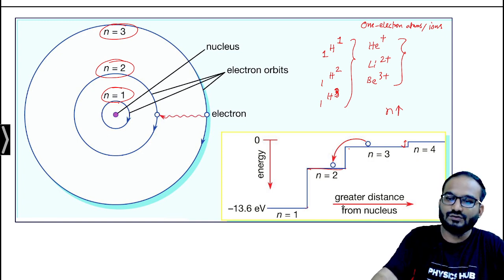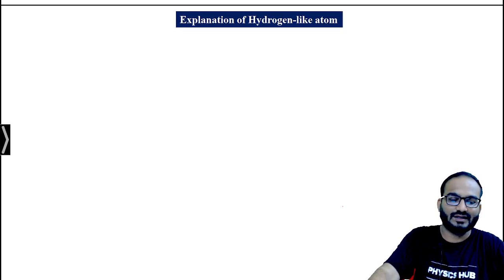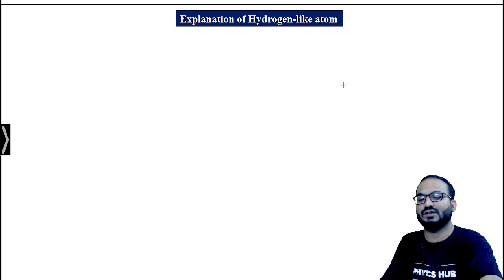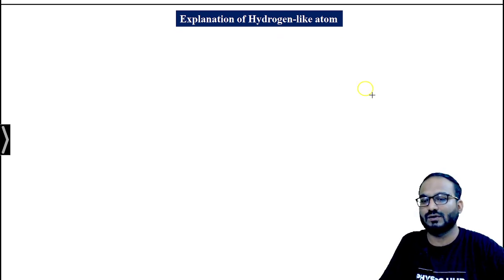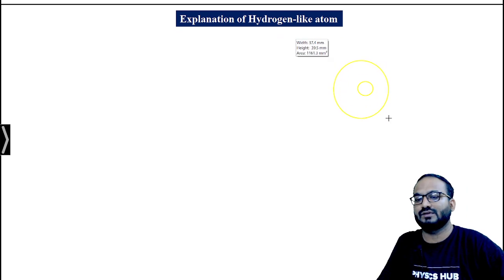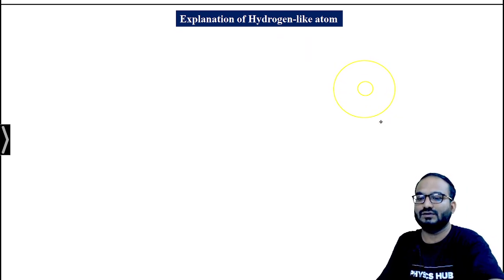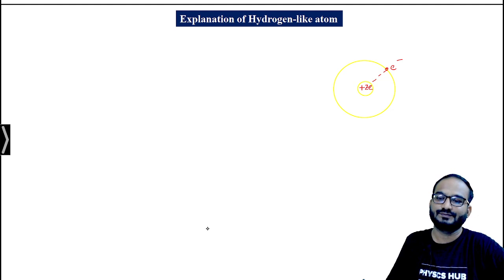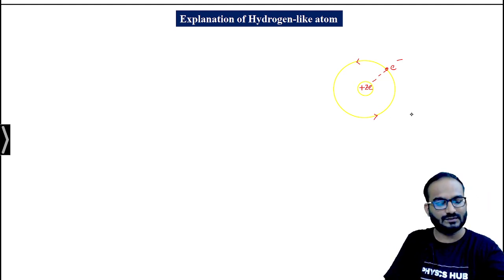Now let's talk about this hydrogen like atom. As I told you, whenever we are talking about this hydrogen like atom, we consider one nucleus and the electron is revolving around it. Coulomb attraction is responsible for this, and whenever something is revolving in a circular orbit, some kind of centrifugal force will be acting.